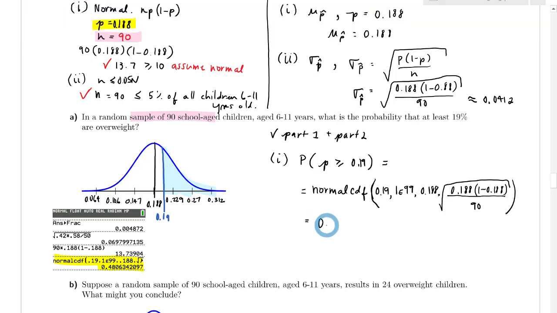So it would be 0.4806. So let's write this out. What does this mean, right?